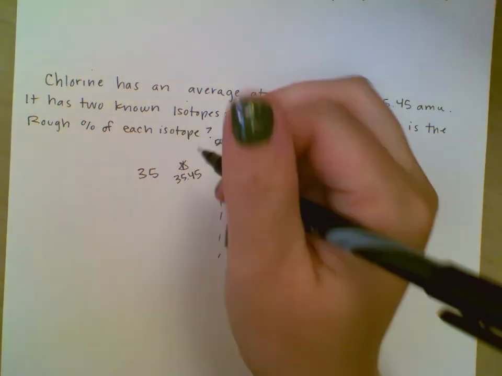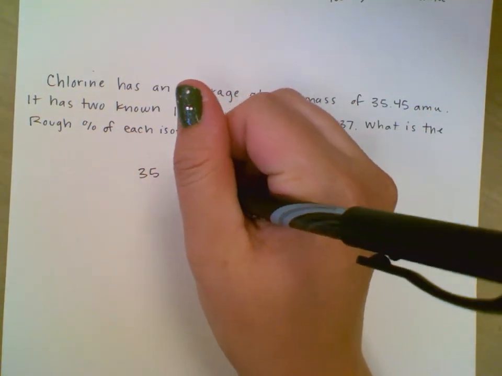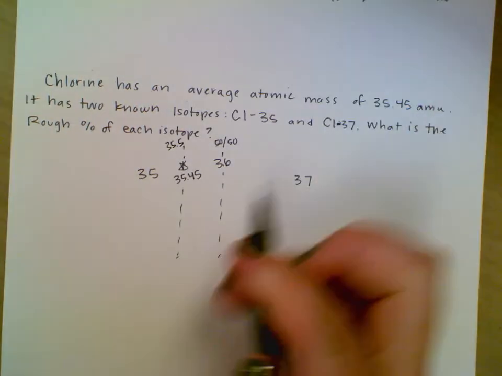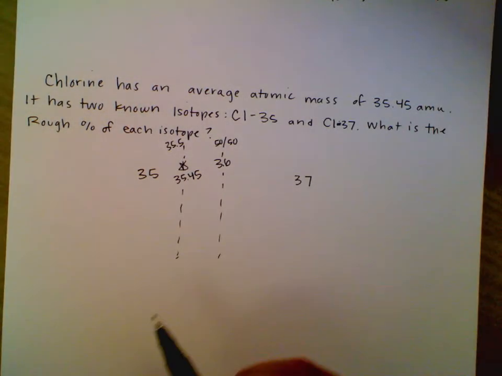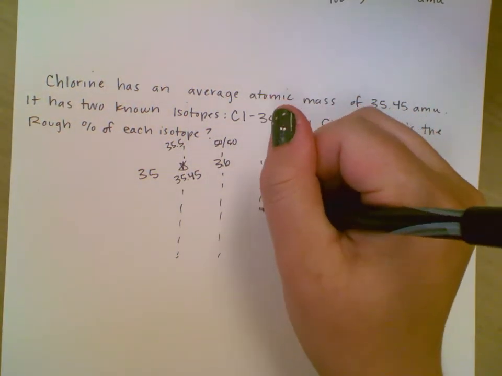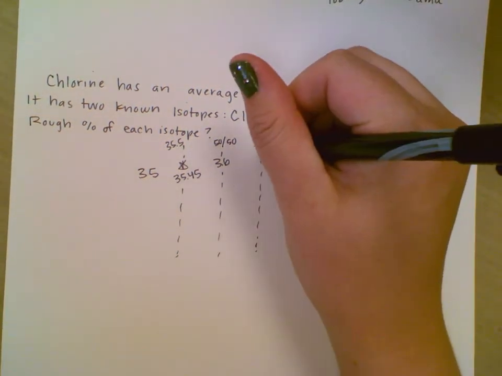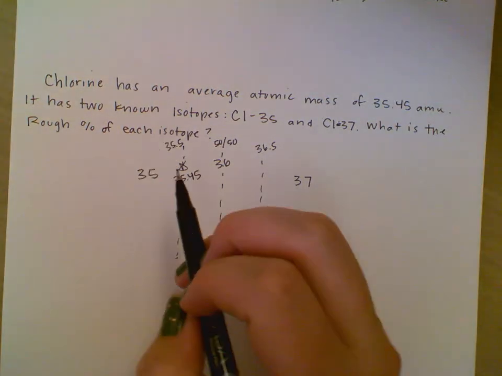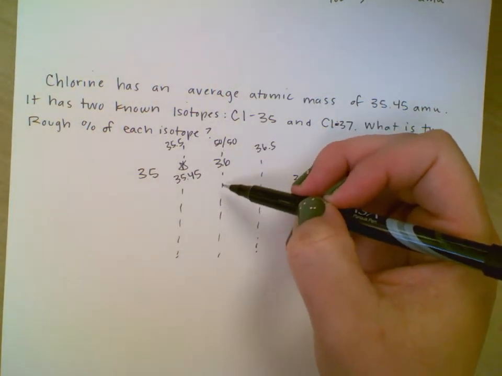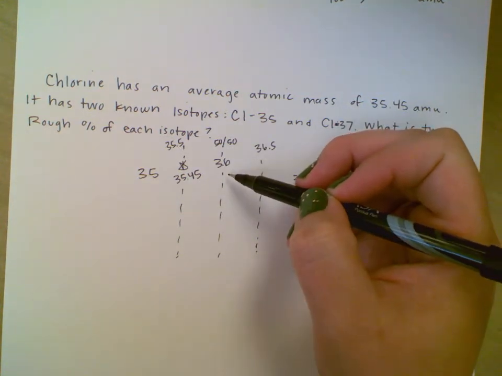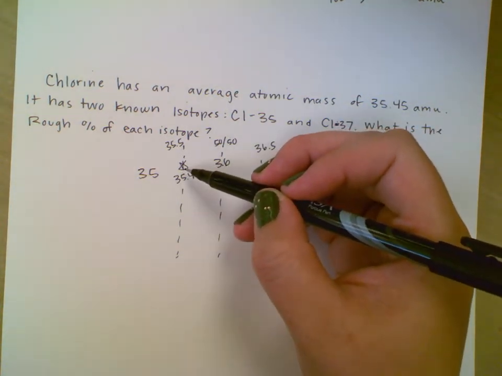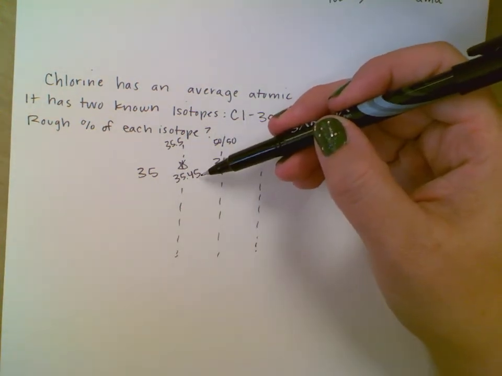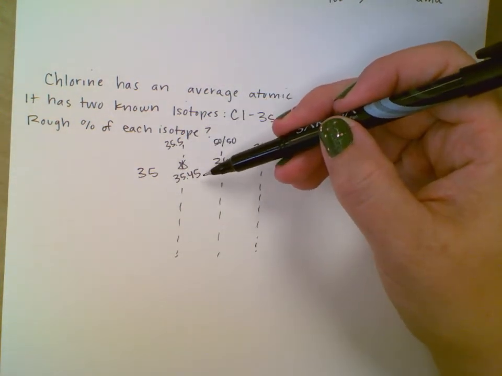And so if you think about breaking this down, 35.5 is halfway between 35 and 36, and 36.5 is halfway between 36 and 37. So if you think about it, if 36 is 50% of each, another halfway is approximately another 25%, and 35.45 is pretty darn close to 35.5.